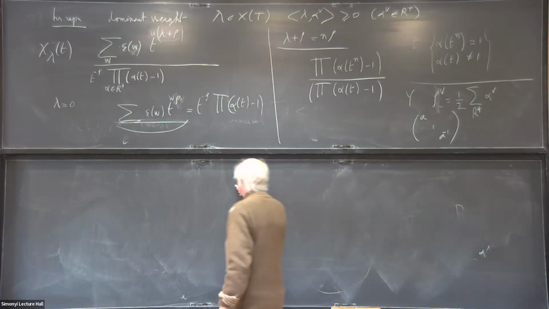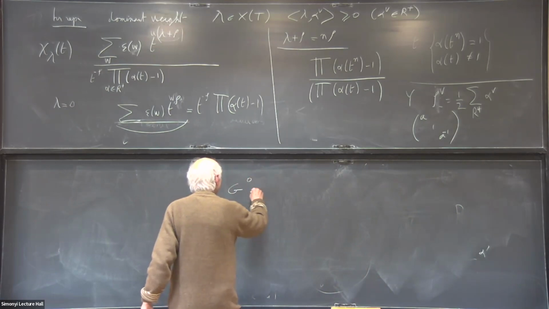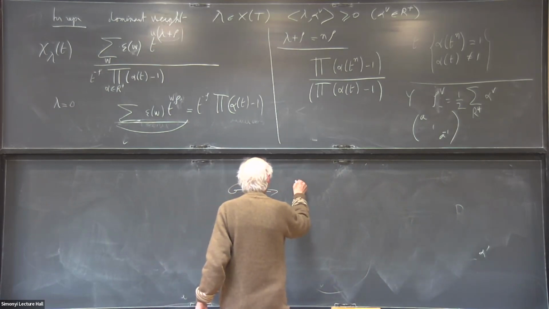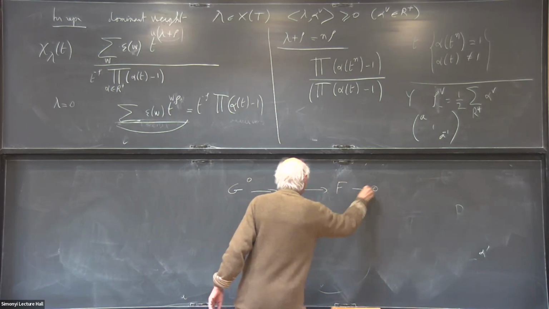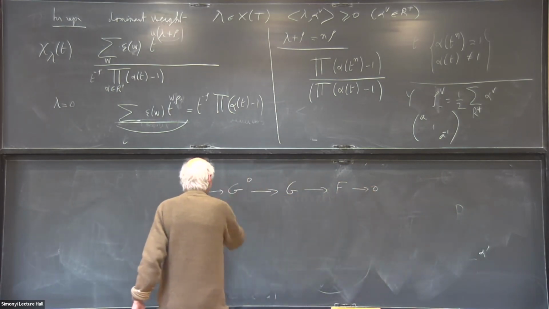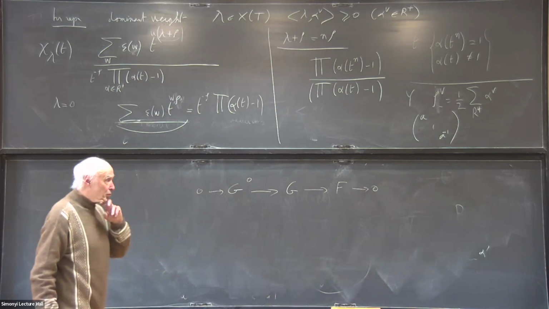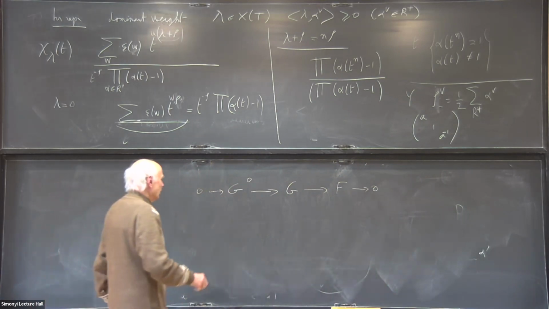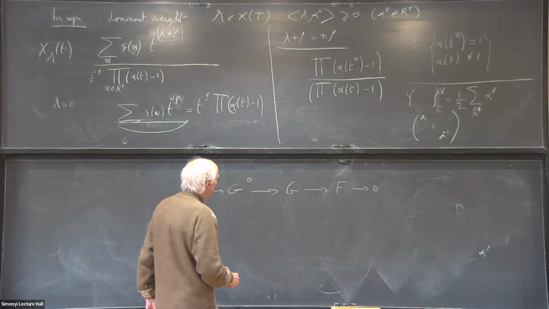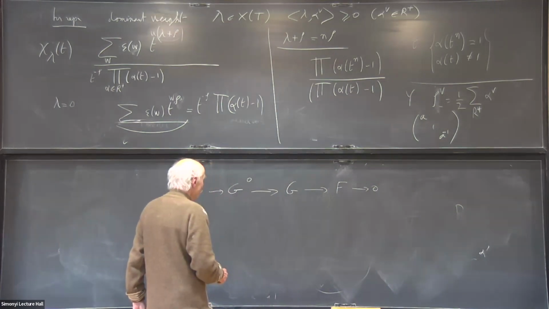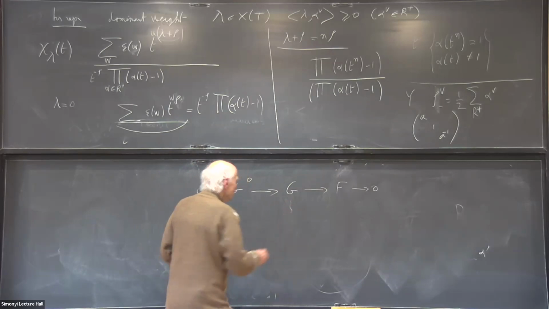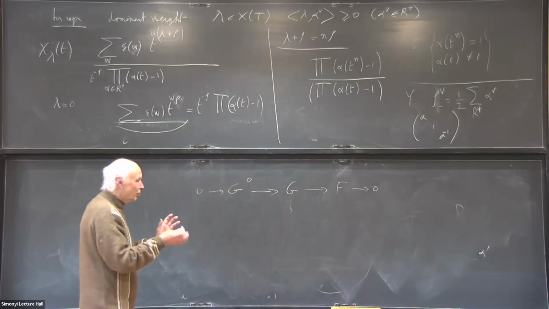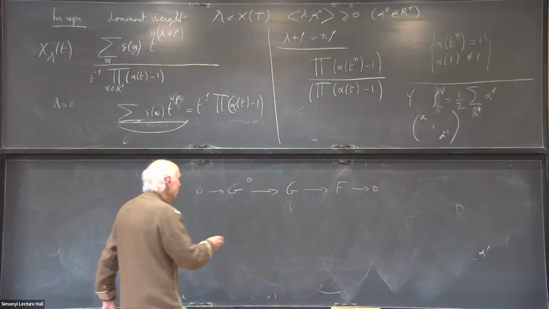So if your group G is an extension of a finite group by a reductive group, and now you have an irreducible representation, you have some idea of how it will behave.